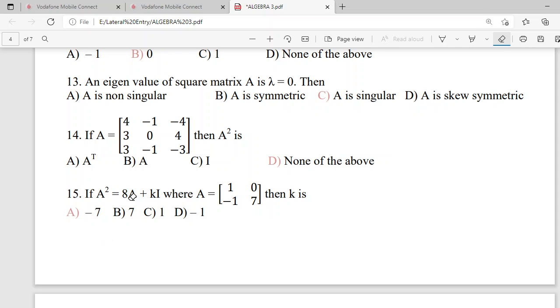Next one, A squared is equal to 8A plus kI. So find A squared. What is A squared here?